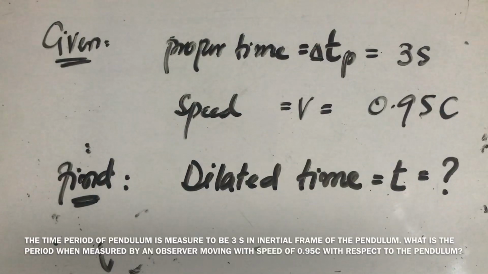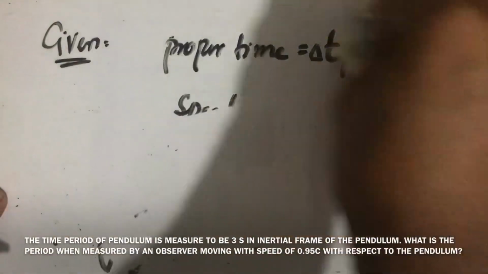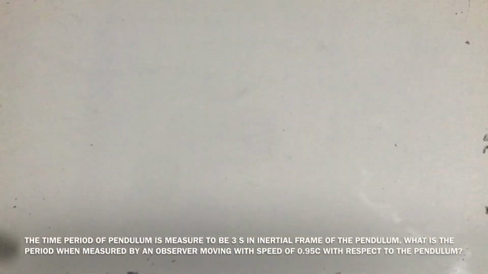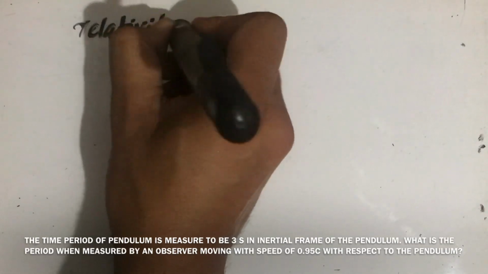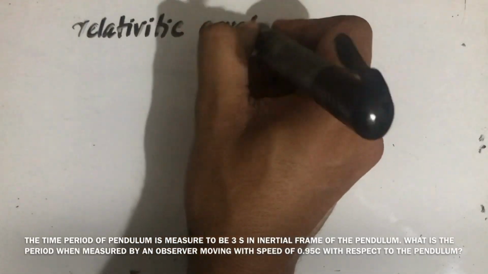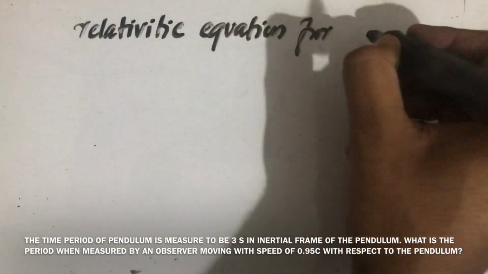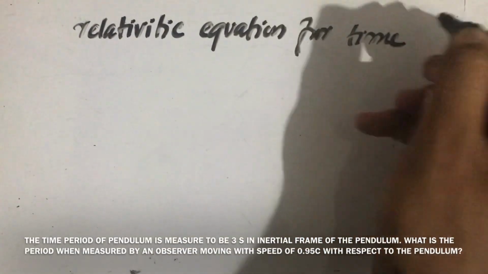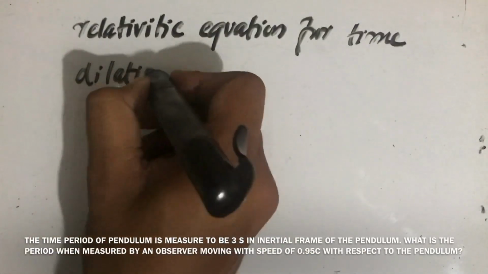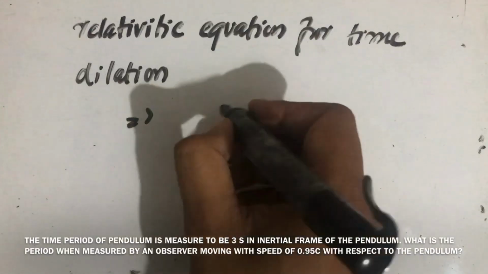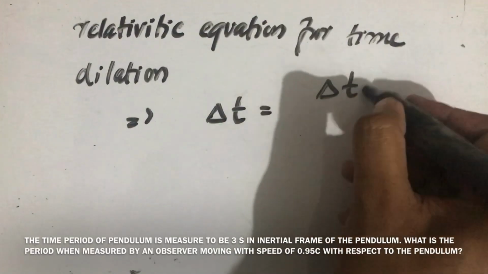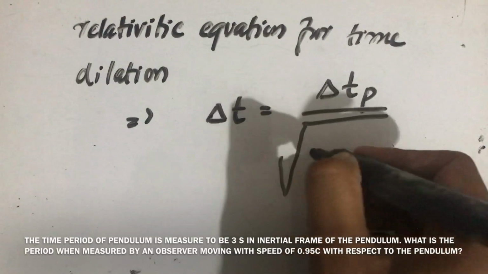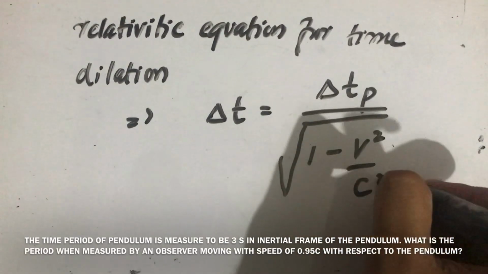The relativistic equation for time dilation is: change in T is equal to the proper time divided by the square root of 1 minus V square divided by C square.